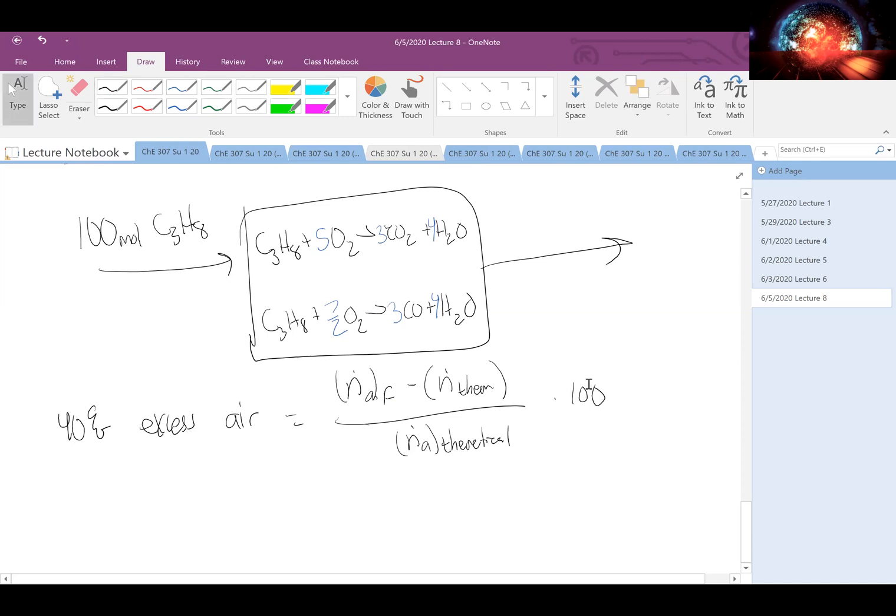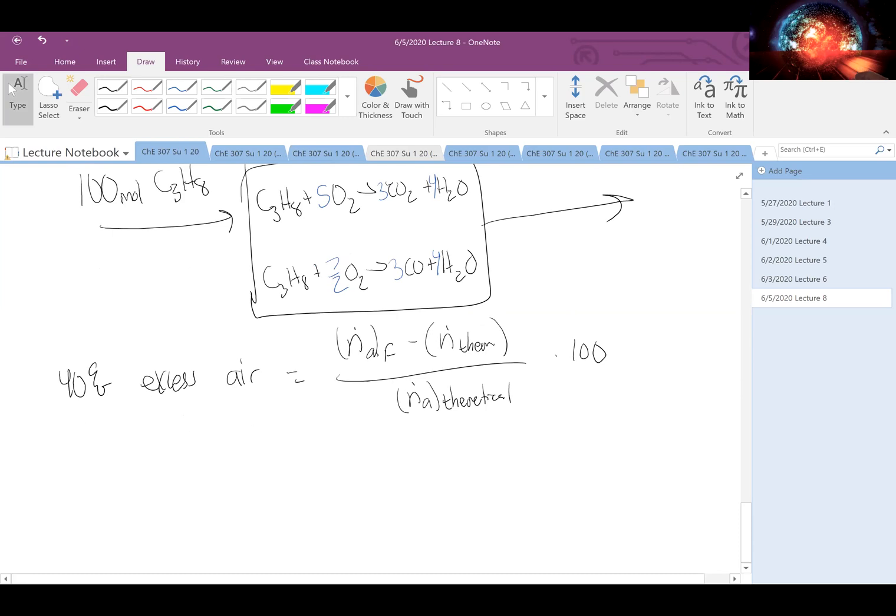If I know the theoretical flow rate that's needed, I can find the actual flow rate in my process. So based on the system, what would be my theoretical airflow rate? What do you guys think? This gets tricky, because I have two reactions.